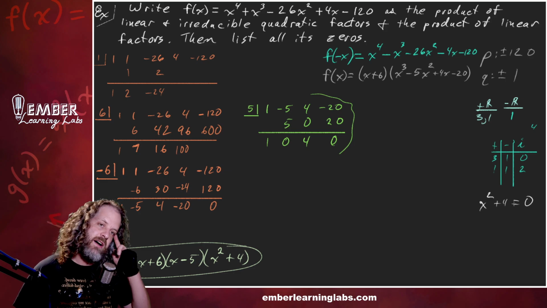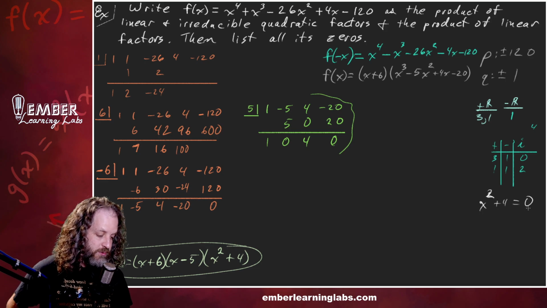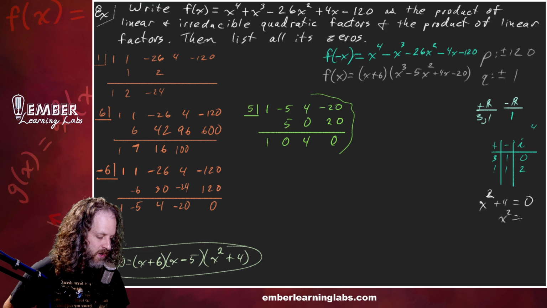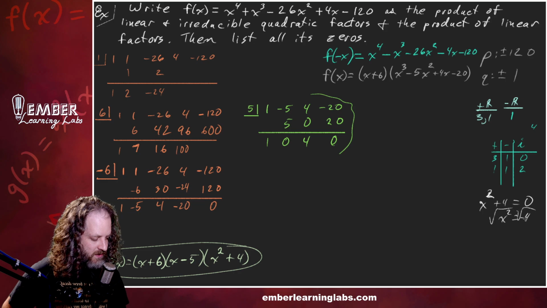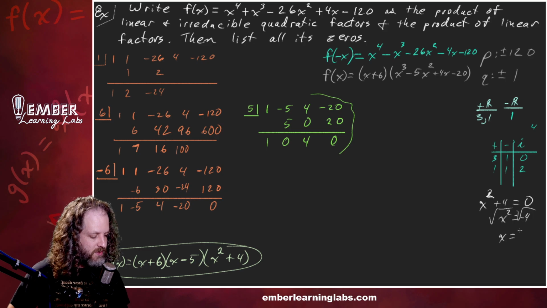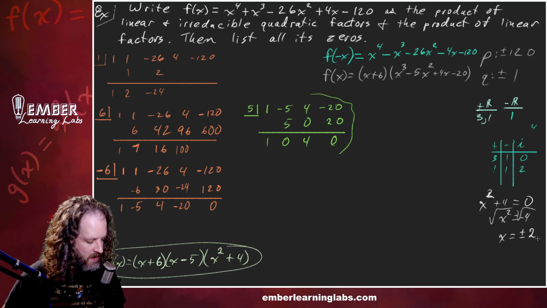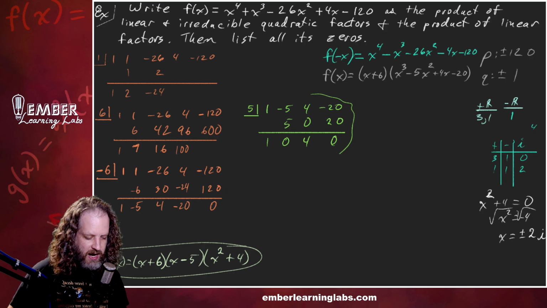If we're solving this out to get the two other zeros, we subtract 4 from both sides. We end up with x squared equals negative 4, and then we square root both sides, and don't forget, when we square root both sides, we end up with plus or minus. Plus or minus, square root of 4 is 2, and square root of negative 1 is i. So x equals plus or minus 2i.